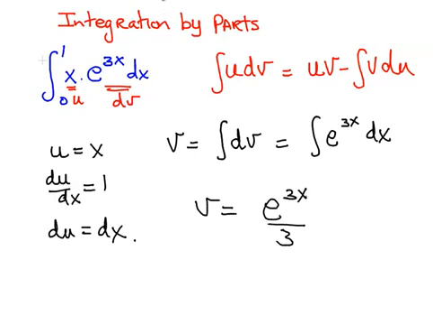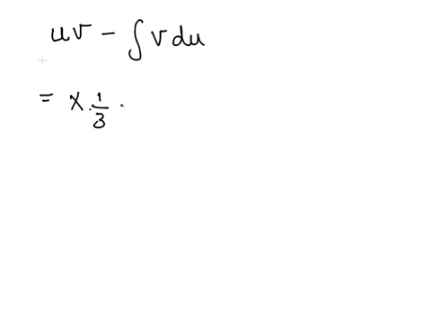Now let's put this all together. The integral uv minus the integral of v du is equal to x, which is u, times v, which is 1/3 e to the 3x, minus the integral of 1/3 e to the 3x dx.